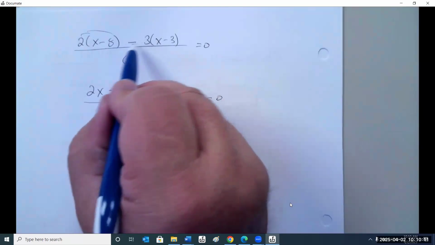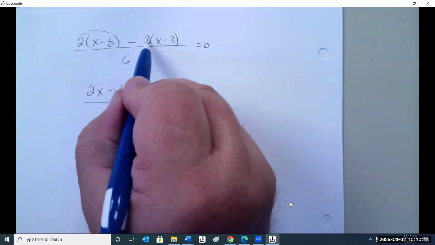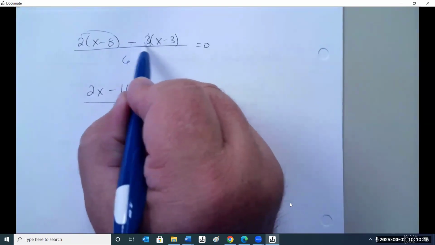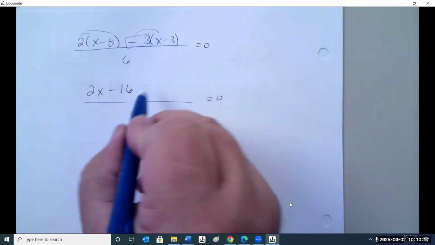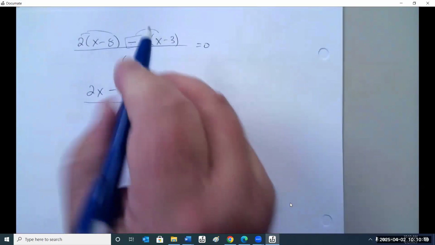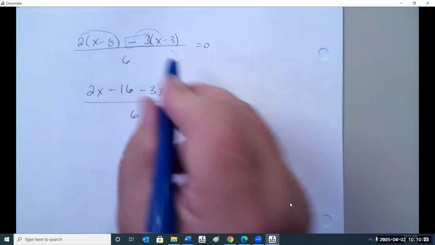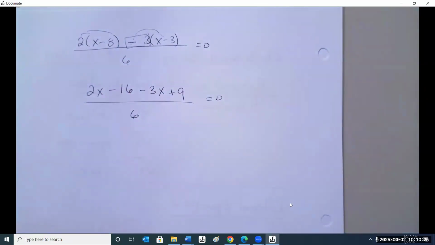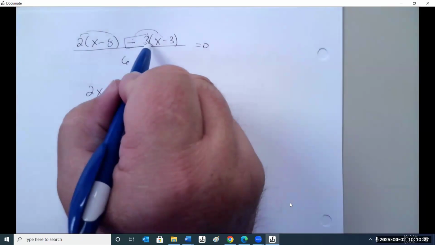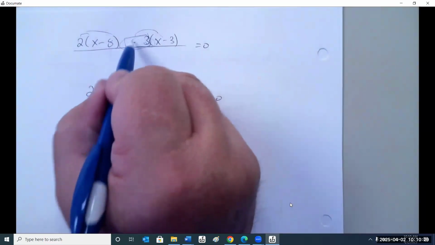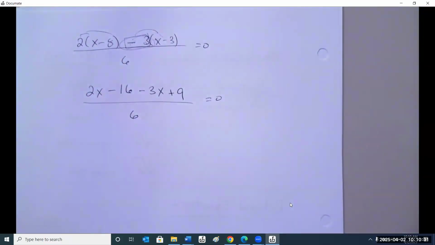Remember, this negative belongs to this 3. So I'm multiplying -3 times x. Negative times negative is a positive. 3 times 3 is 9. Whatever's in front of the parenthesis, if it's a negative, it stays with that number.